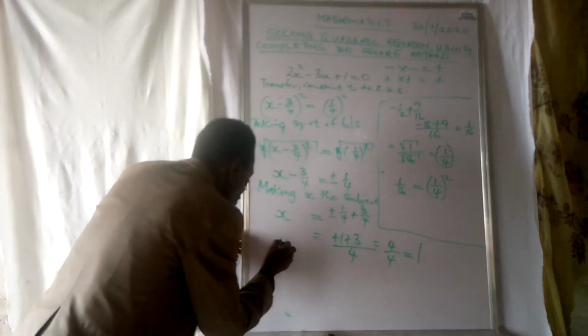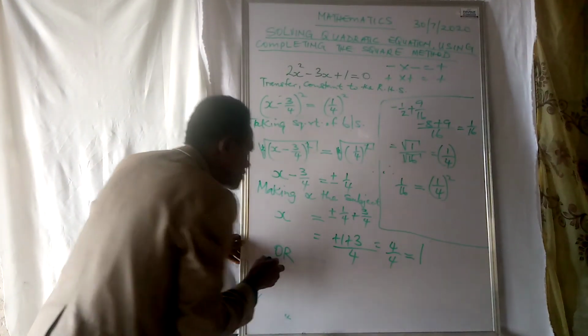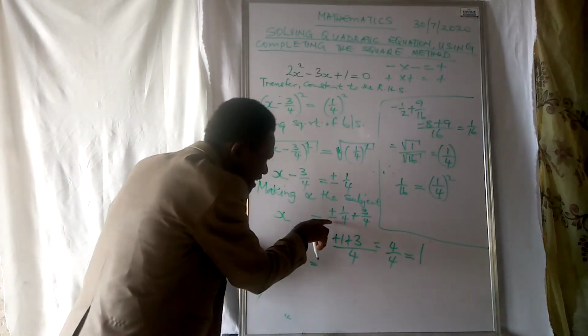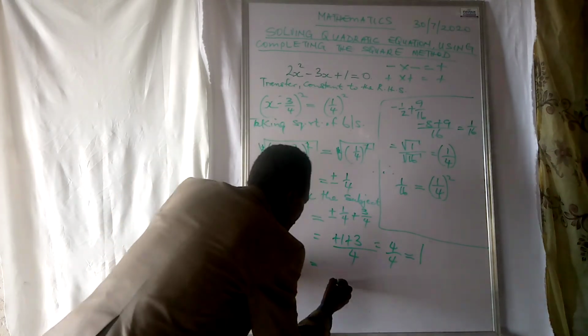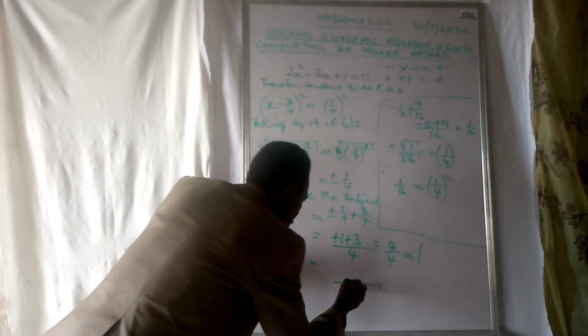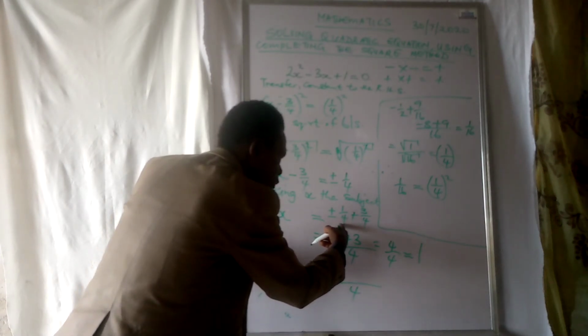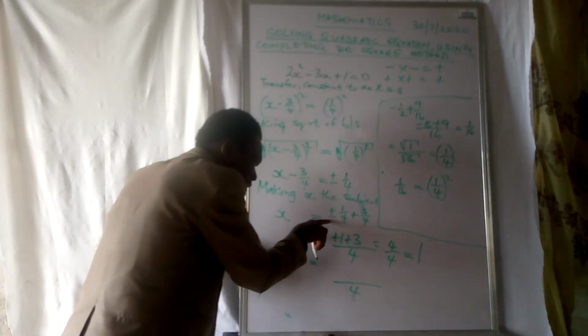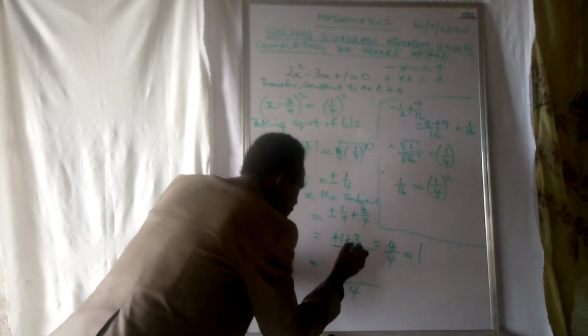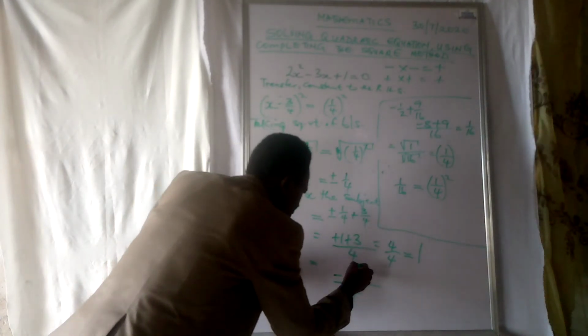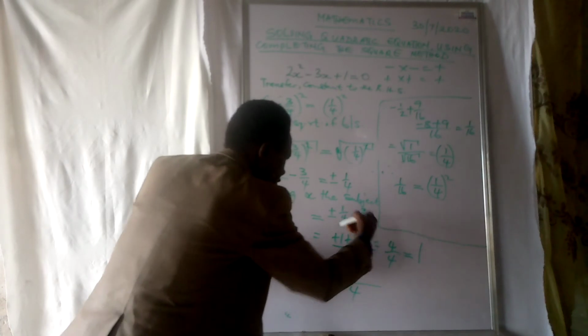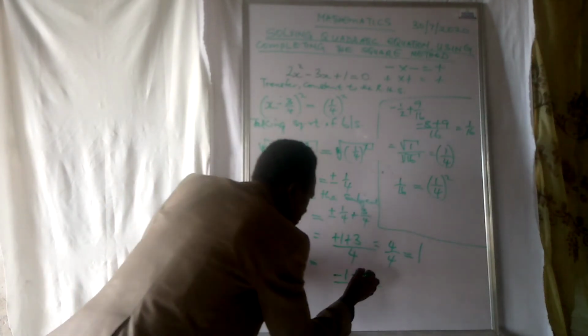Then the second answer becomes, we now take the negative sign. The LCM of 4 and 4 is 4. Then 4 divided by 4 is 1, 1 times 1 is 1, so it becomes minus 1. Then put the sign plus. 4 divided by 4 is 1, 1 times 3 is plus 3.